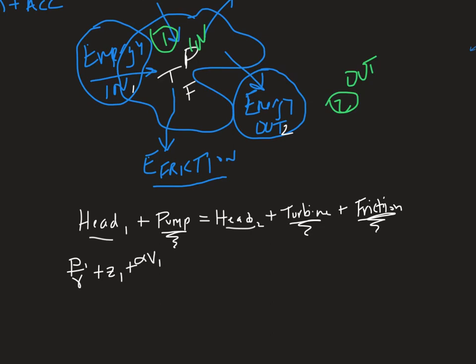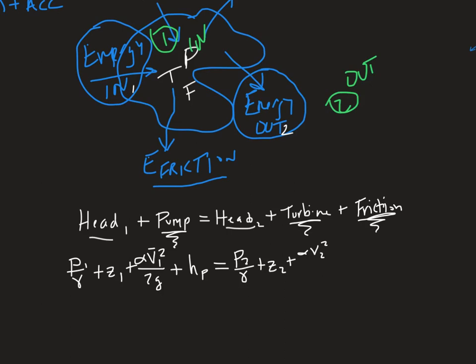Okay, so here's our head. Now notice it's slightly different than the Bernoulli head, but only slightly, and in practice it's not really that different. Then we've got the head of the pump, HP. Usually that's going to be in terms of feet or meters. Now we've got head at 2, or the head leaving the system.